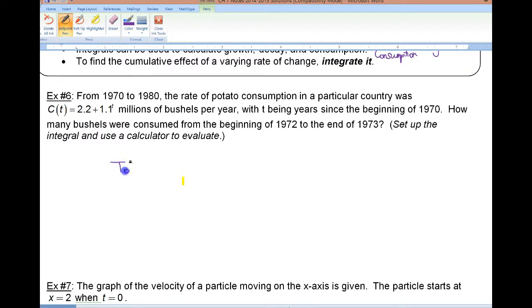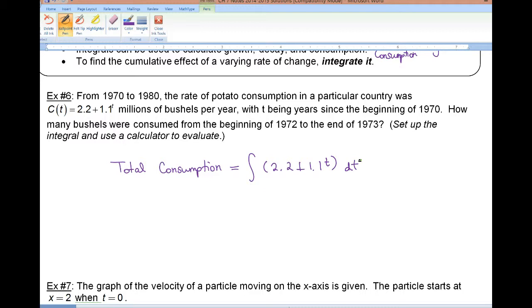So our total consumption is going to be this.